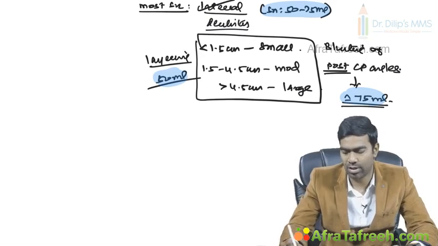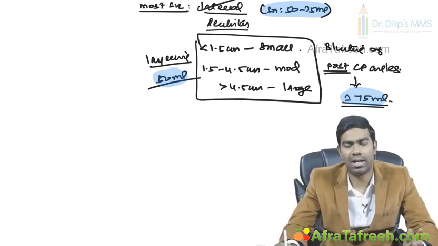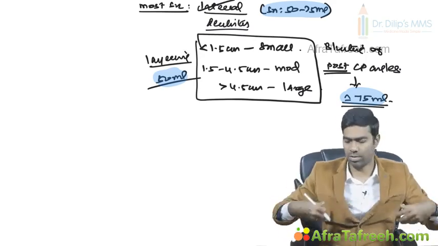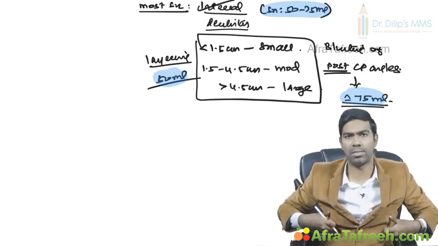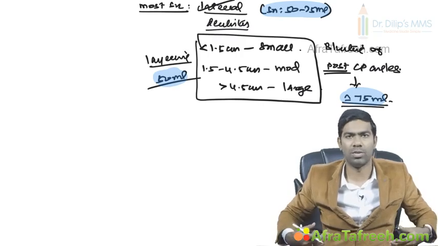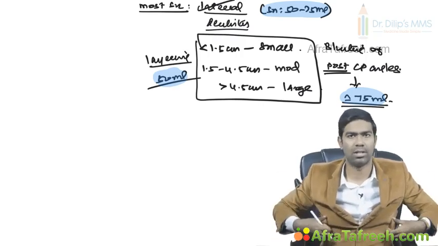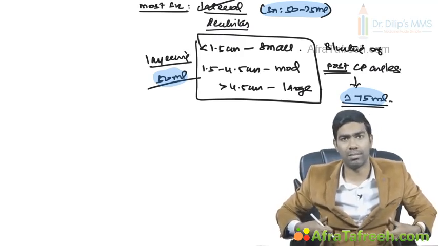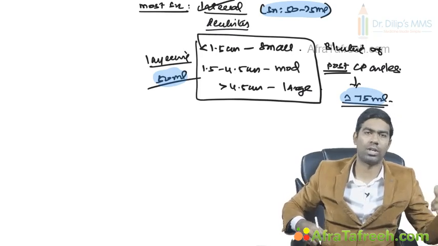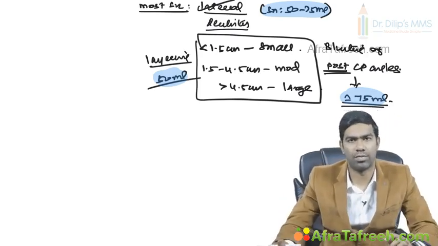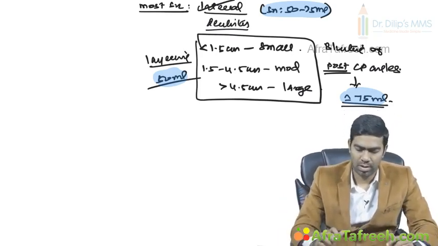Remember, posterior CP angles are different, lateral CP angles are different. In a PA view, blunting of CP angles, that term will be used very commonly, but what CP angles are blunted in a PA view is the lateral CP angles. But in a lateral decubitus, you are looking at the posterior costophrenic angles. Clear? That's what will be blunted.